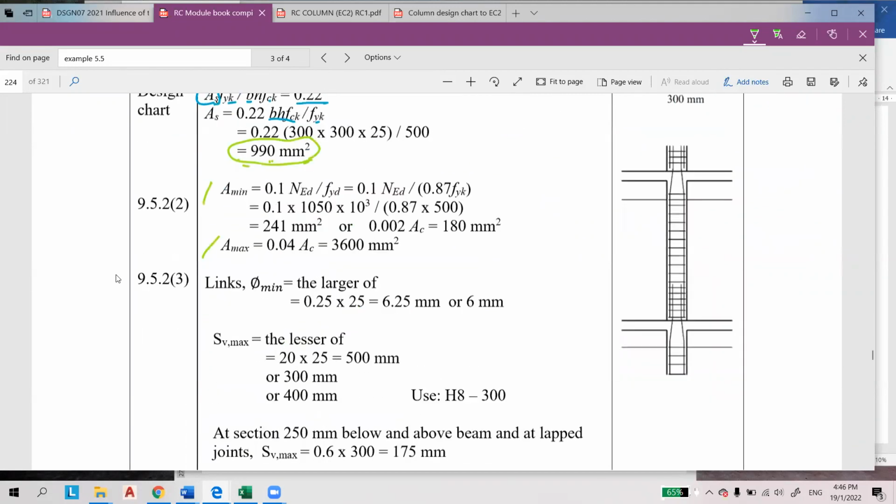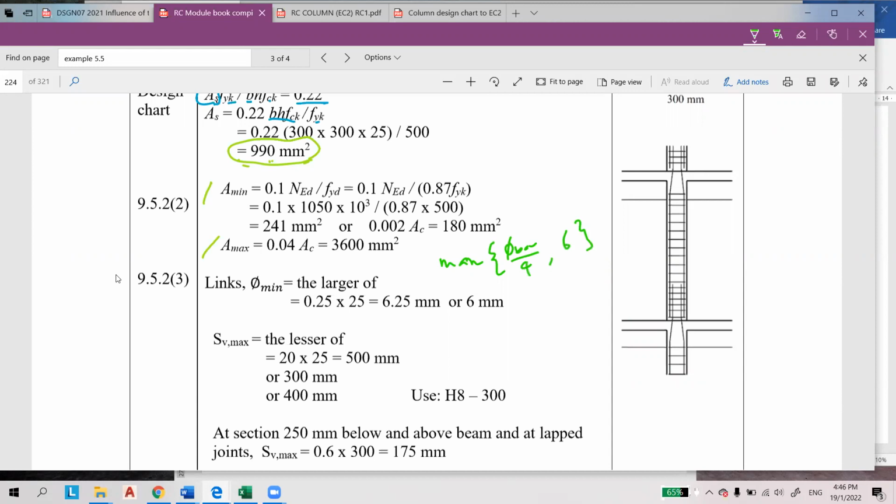Then for the link, the minimum is the larger of the diameter of bar divided by 4 and 6 mm.